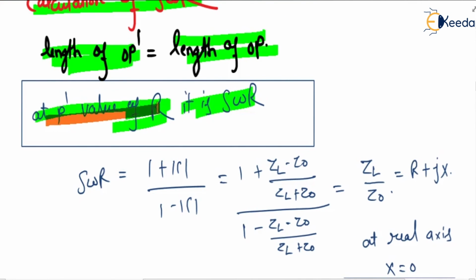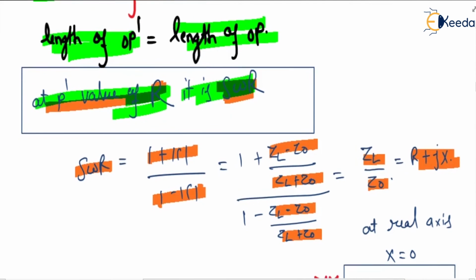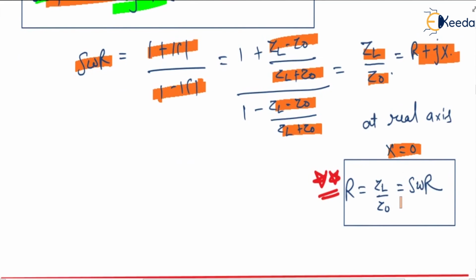At P dash, the value of R is the SWR, because SWR is (1 plus mod gamma) upon (1 minus mod gamma). Mod gamma is (ZL minus Z0) upon (ZL plus Z0). Putting in this value, ZL by Z0 is R plus jX, and on the real axis X will be equal to 0 at that point. So R is equal to ZL by Z0, which is the SWR, the standing wave ratio.